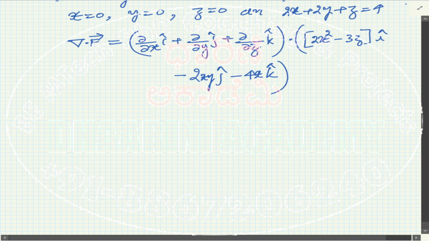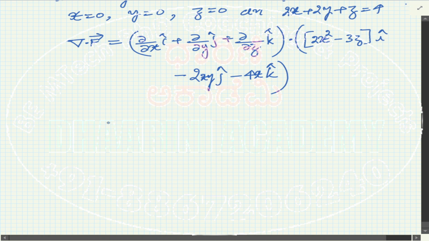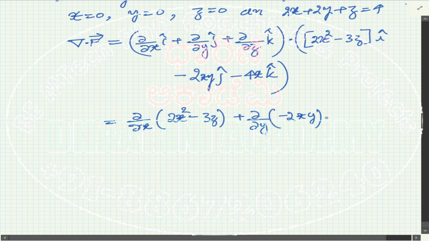So under this condition, now we can write this is equal to dou by dou x of (2x squared minus 3z) plus dou by dou y of minus 2xy plus dou by dou z of minus 4x.